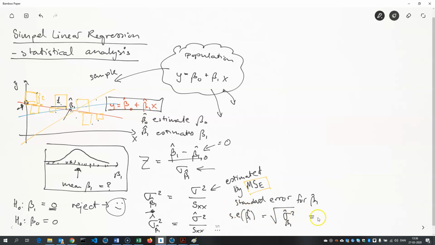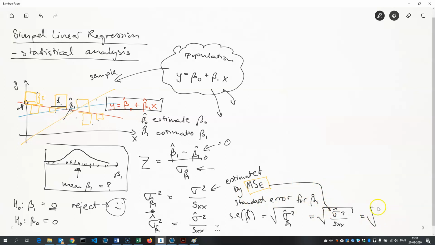So that's the same as this number here. We should just show it that's this one, the variance estimate divided by the sum squared deviation for the x values, and we use the mean square error to estimate this one.